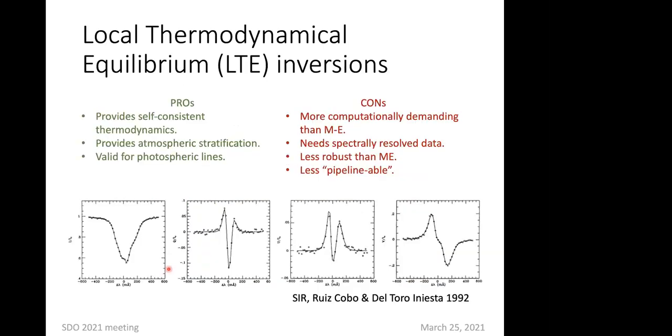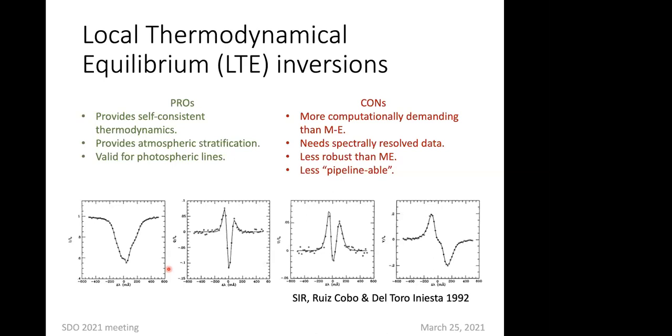So a more sophisticated approach to a Milne-Eddington inversion is inversions based on the local thermodynamical equilibrium approximation. Now, this approximation is valid in the photosphere of the sun, where the density is high and collisions are very frequent, and the atomic populations are dominated by the relations of Saha and Boltzmann.